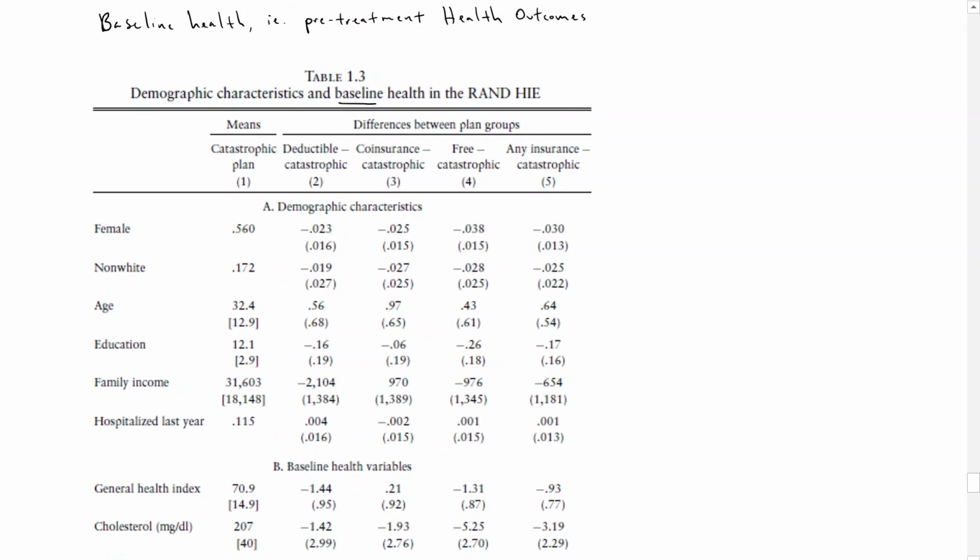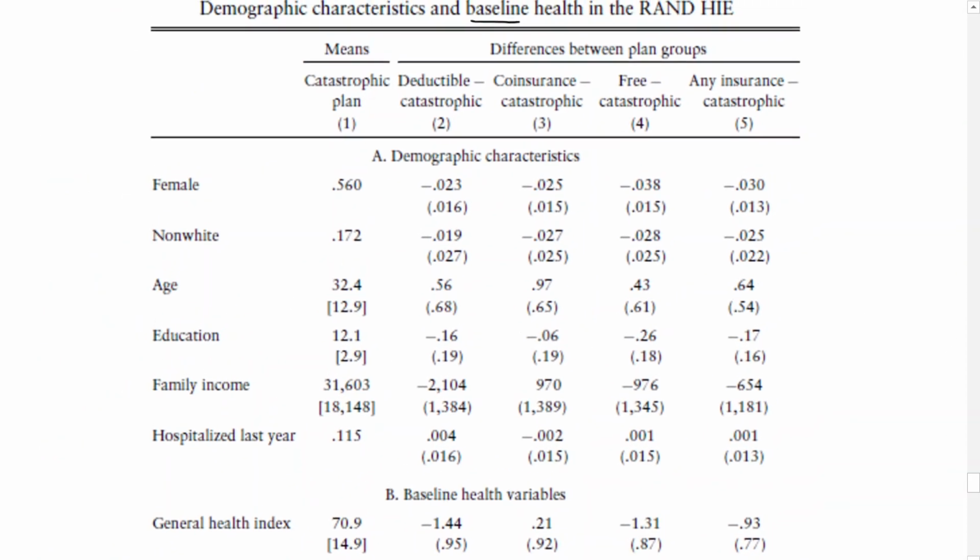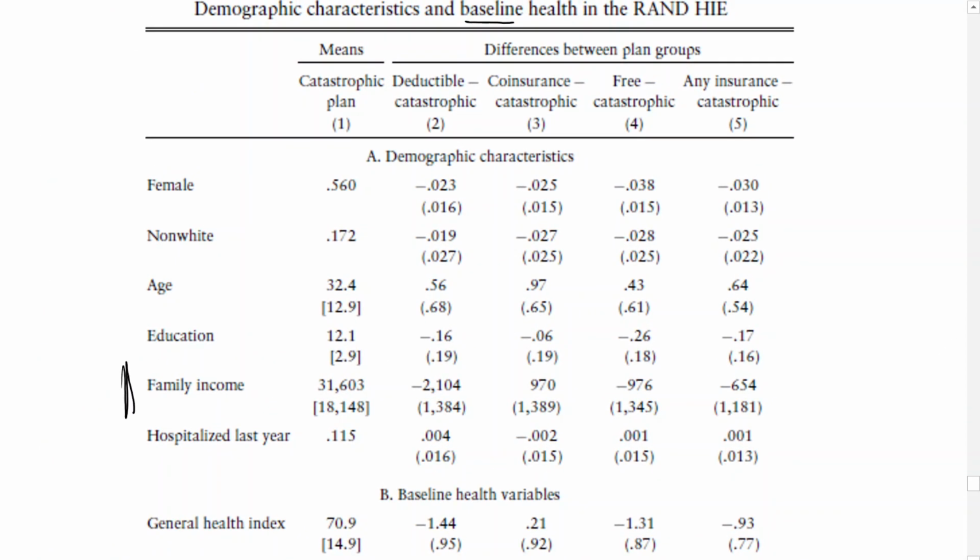But taking that family income variable in our randomized groups, and again, this is back in the 70s, so the data is a little dated. That's why we have kind of a smaller family income there. The family income in the catastrophic plan group was $31,000. Standard deviations are in square brackets, standard errors in parentheses.